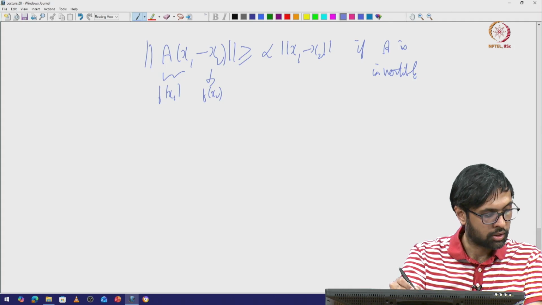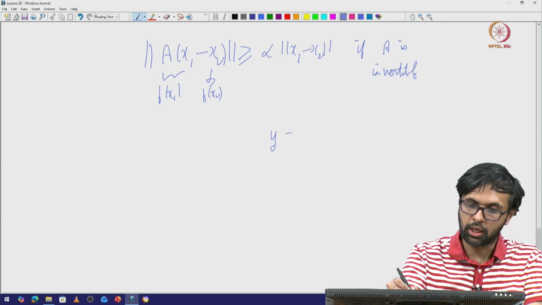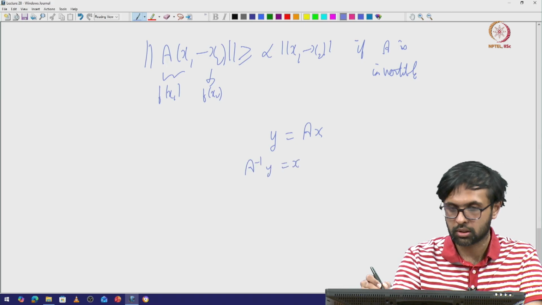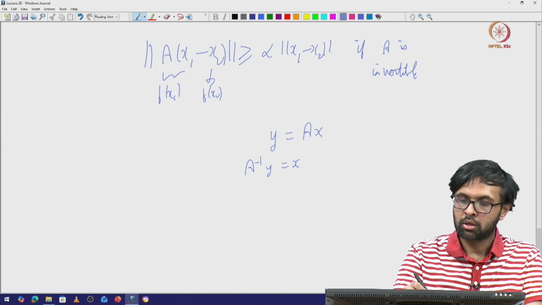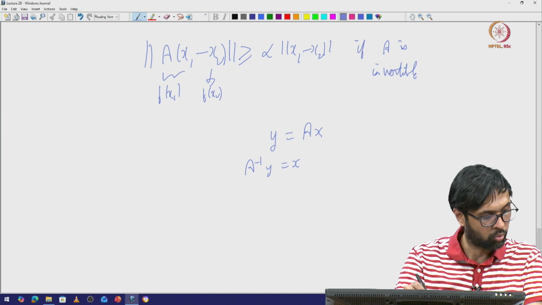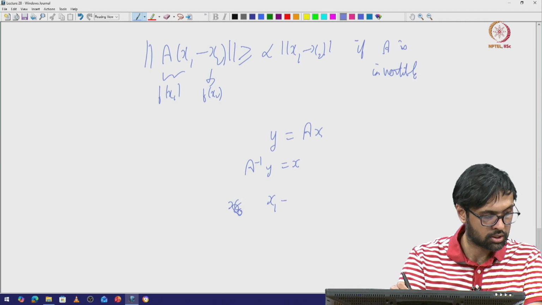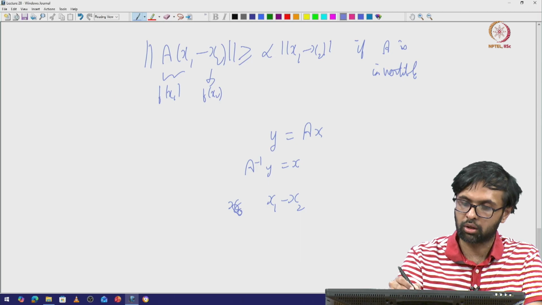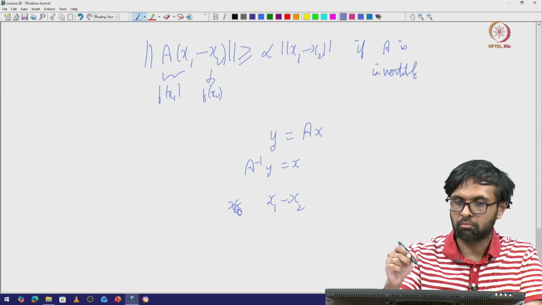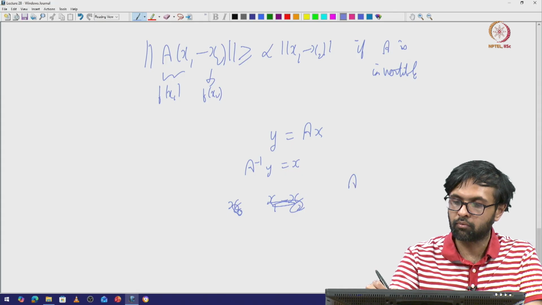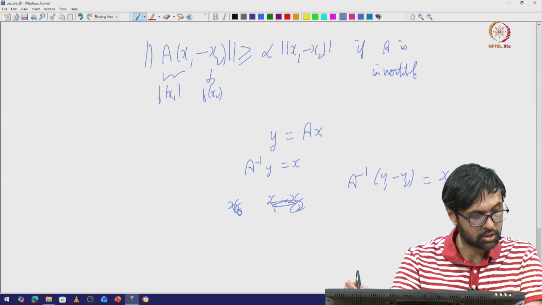Okay, so how does one prove such a thing? Well, suppose y is ax, then A inverse of y is x. So what does this mean? It would mean that A inverse of y1 minus y2 equals x1 minus x2.